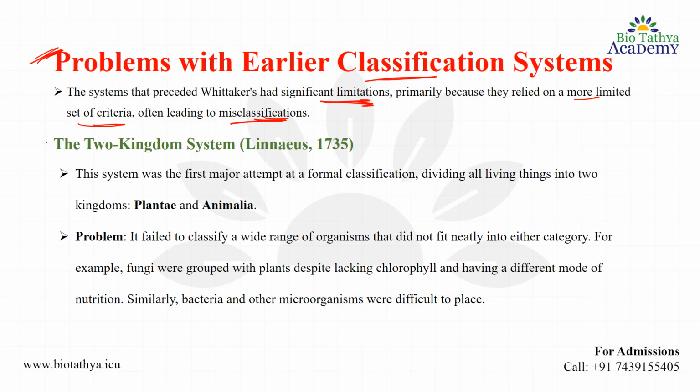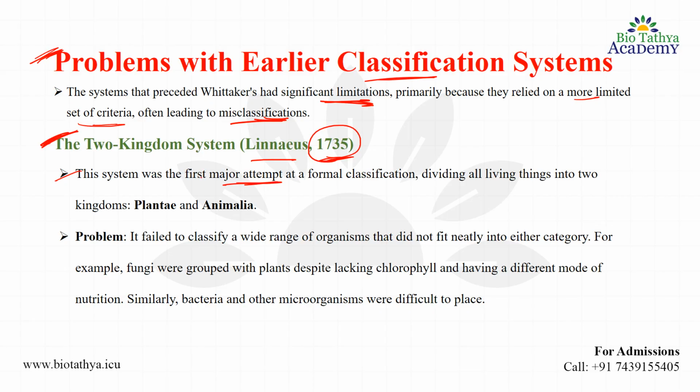For example, if I talk about the two kingdom system, I'm not talking about the Aristotle system, because that was completely omitted, and in his time microorganisms were not even known. So starting off with the two kingdom system, that is the Linnaeus system, in the year 1735, this system was the first major attempt.